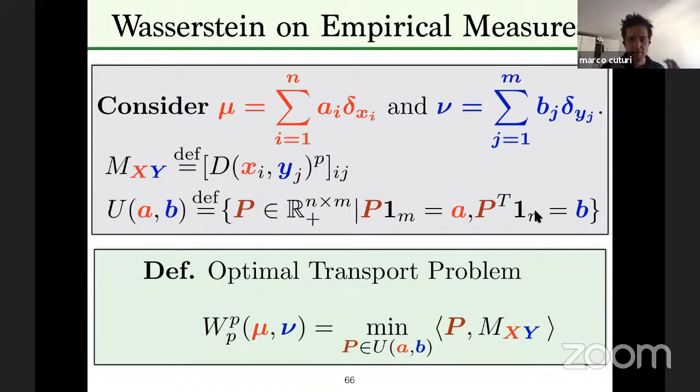So this is going to be the main mathematical object. If you remember, the Kantorovich problem had the same setup. Now, the optimal transport problem is simply trying to minimize, among all matrices that satisfy those marginal constraints, the one which has the smallest Frobenius dot product with the geometry in your problem.